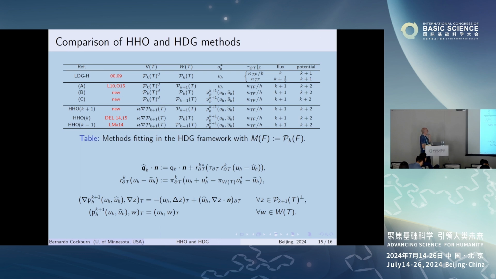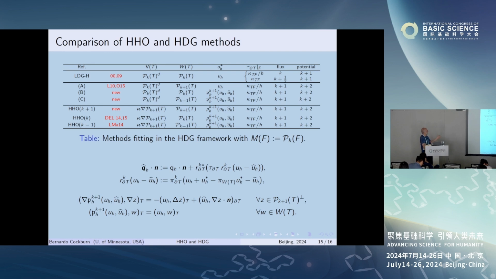So where you can see the advantage of one over the others is the order of the accuracy. If you just take Pk as we used to do in the LDG, then you just get k plus 1 instead of k plus 2. The comparison between these two types of method allows us to identify the numerical trace in the HHO, which is important for practical applications too.